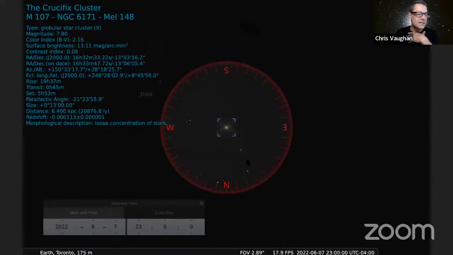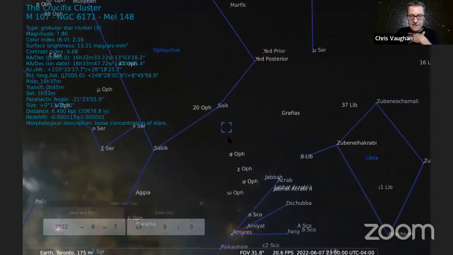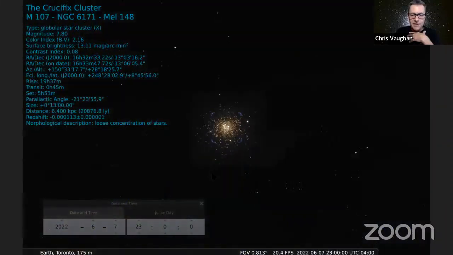Let's see, for reference, it's sitting right above Antares. So you can look above Antares for Sig and then find the star there. The surrounding stars form a crucifix. So you can see there's a star here, a star here, a star here, and then a couple of stars here, and it makes a crucifix.